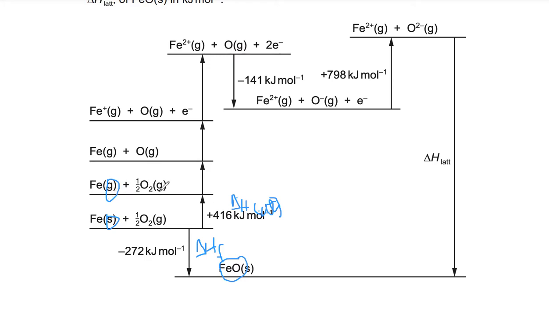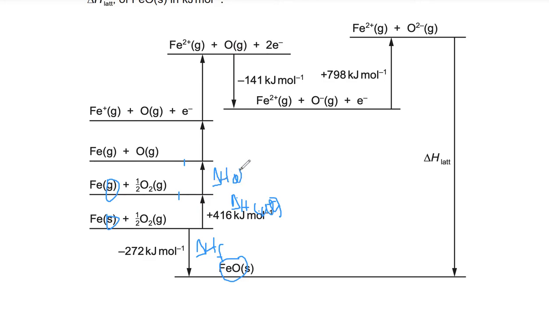Now over here, from this to this one, there's half O2 gas, and over here it's only one oxygen atom. So what's happening here is that there's atomization taking place as well, but of oxygen.